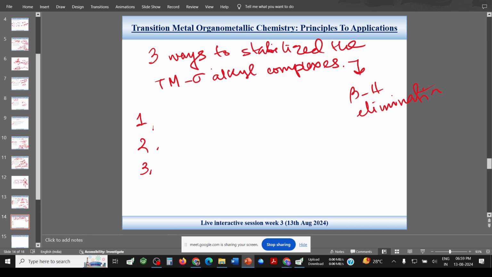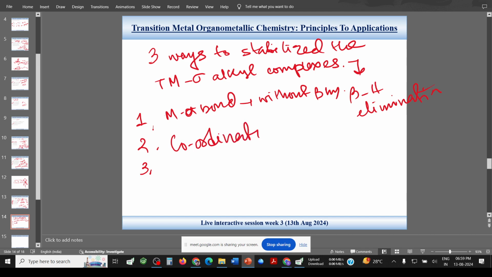Three ways. One way is that the metal sigma bond should be without beta hydrogen. If it does not have any beta hydrogen, it will not undergo the beta elimination pathway. Second criterion is that it should be coordinatively saturated.